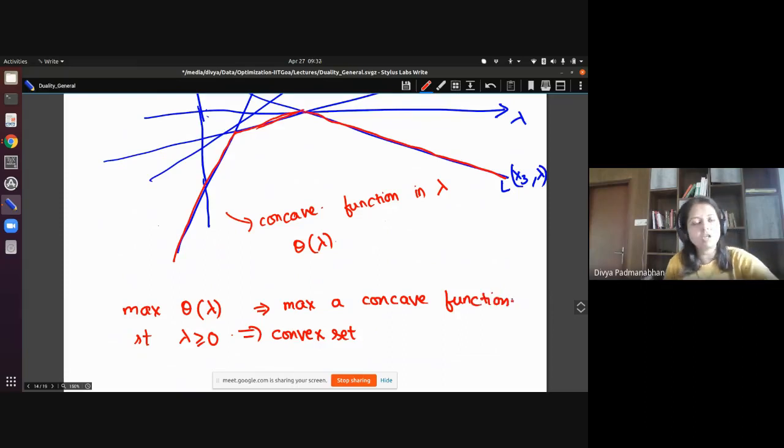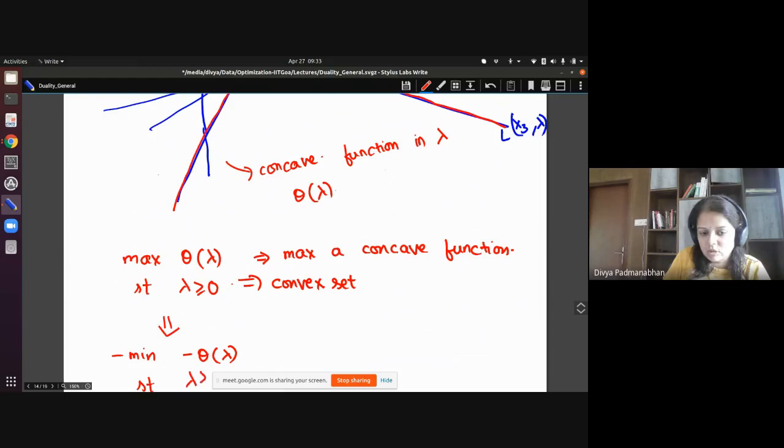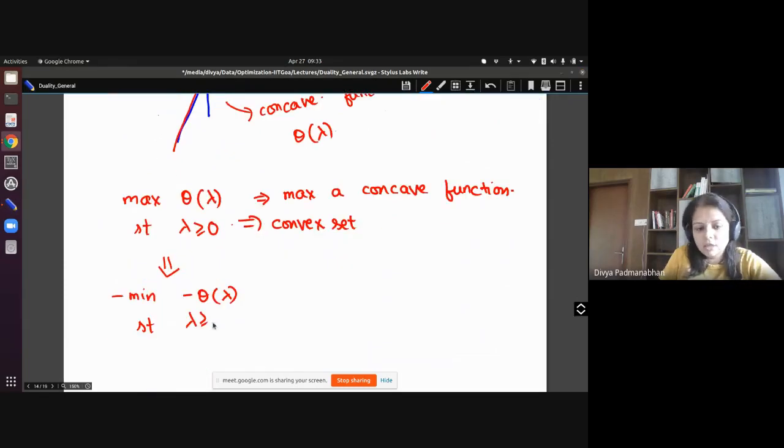A convex optimization problem is either you try to minimize a convex function, or you try to maximize a concave function. If you write it in minimization form, you're just going to get minus min of minus theta of lambda subject to lambda greater than or equal to 0. Minus theta is a convex function, over a convex set.